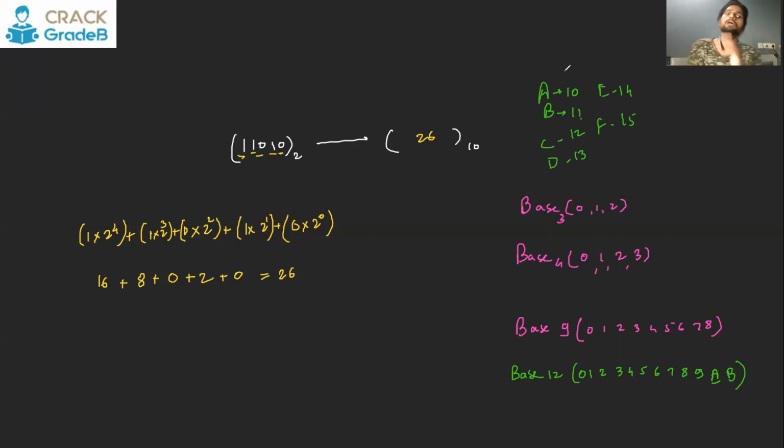Okay. And how to convert from one system to another? Same thing. Let's take one more example. If you have to convert a number, say A12, which is in base 12, into base 10, you know the process.